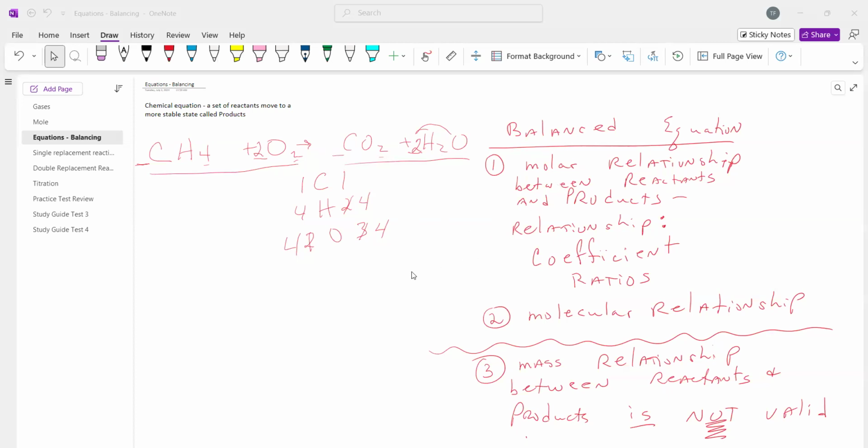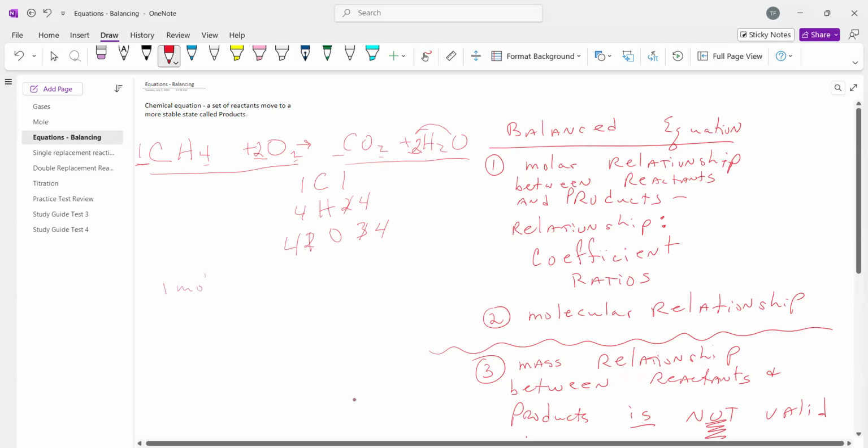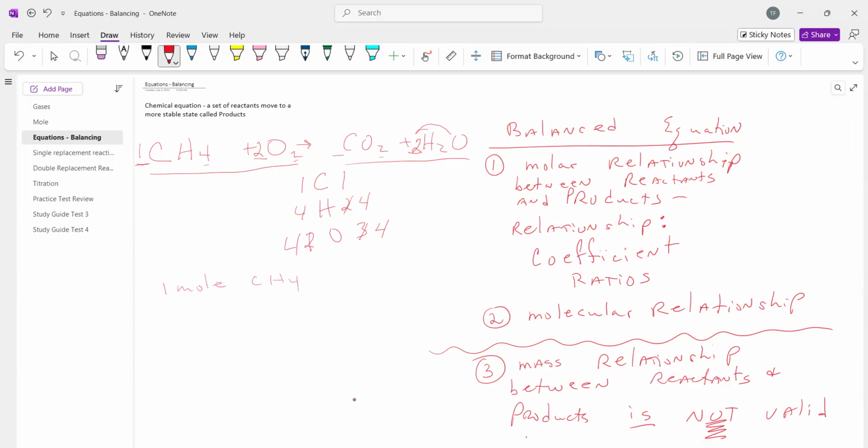Now, one more thing: what does the balanced equation give you? Molar relationships and molecular relationships. So this says that 1 mole of CH4 reacts with 2 moles of O2. That's what the balanced equation gives you.